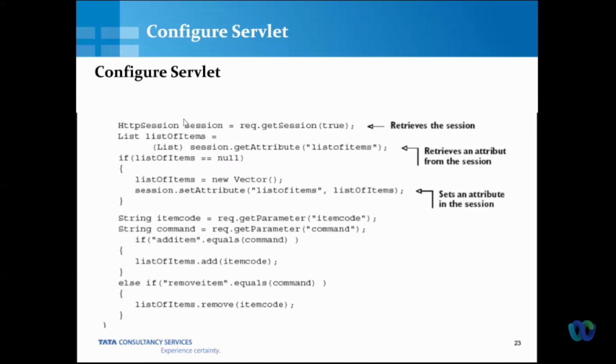And the servlet element also contains definitions for initializing attributes and security roles for the servlet. And the second entry under the servlet mapping element defines the URL pattern that calls this servlet.